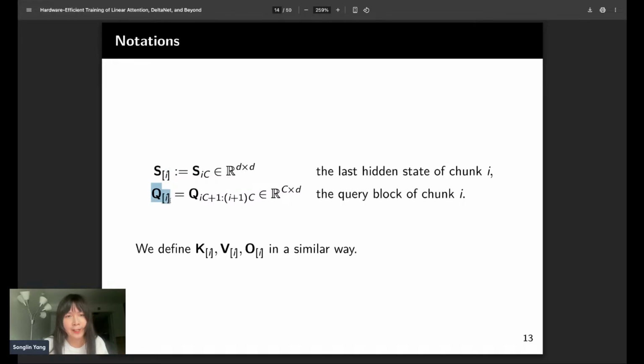And also we have these notations to denote the sub-block for the query, key, value, and the output matrix. They are of size C by D. The full matrix is of size L by D, but now we only take its sub-block to consider the computation of the chunk i.